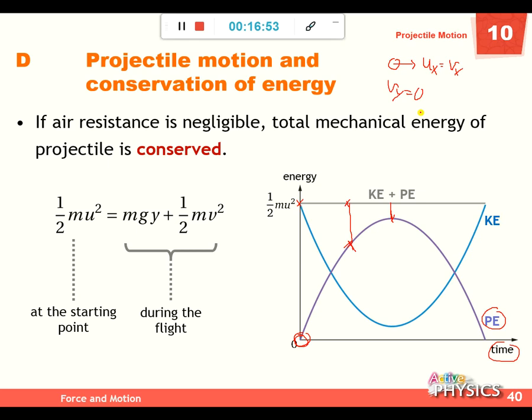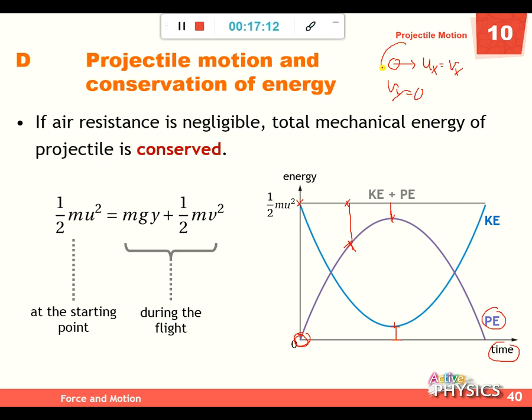How about KE? Similarly, this is the highest point. Then what will we do in this part? If a public examination question gives you this, you can see that here should be the kinetic energy.